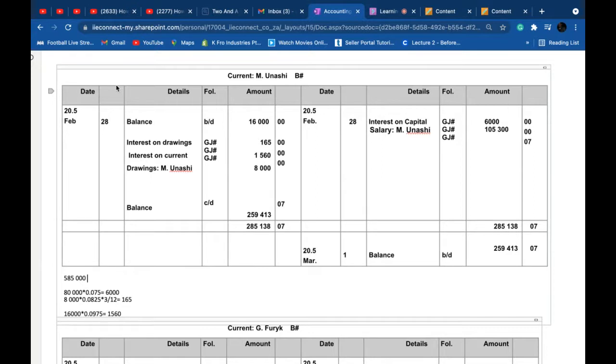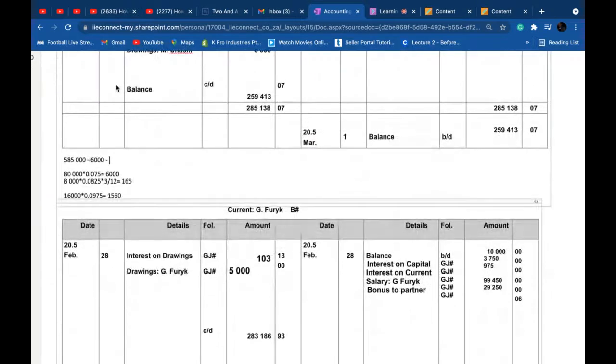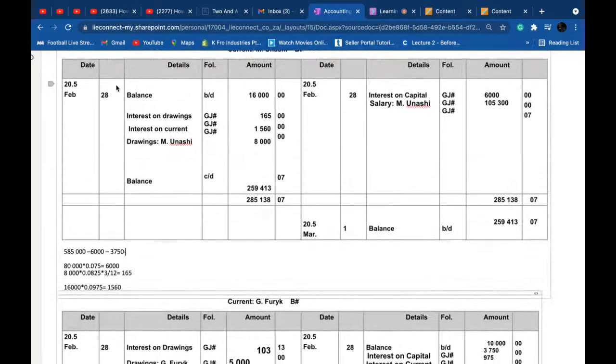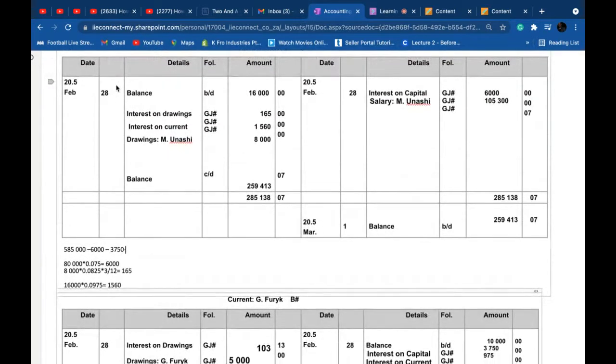So the first adjustment that we dealt with was obviously interest on capital. For Unashi, it was 6,000, and for G, it was how much? 3,750. Then we had interest on drawings.